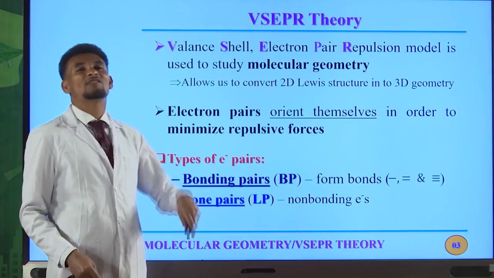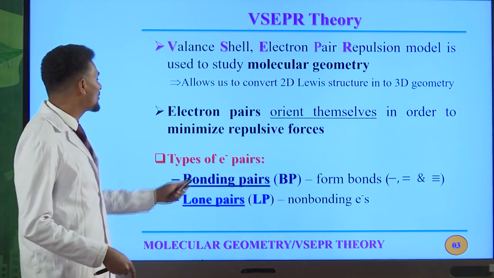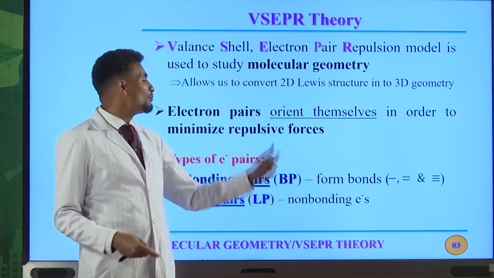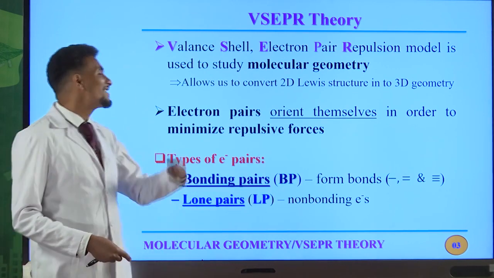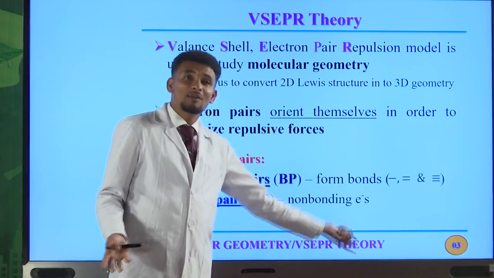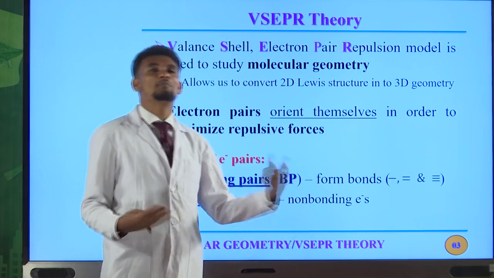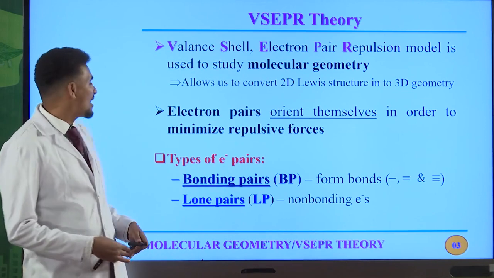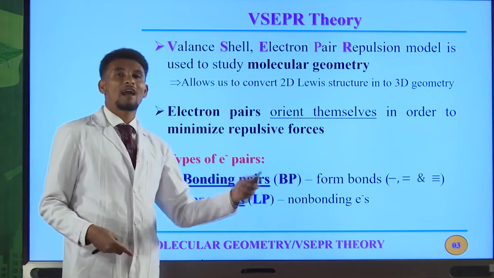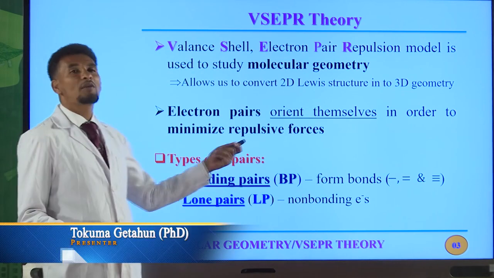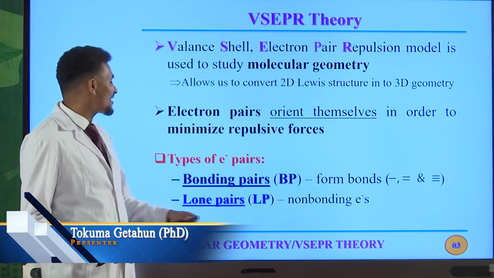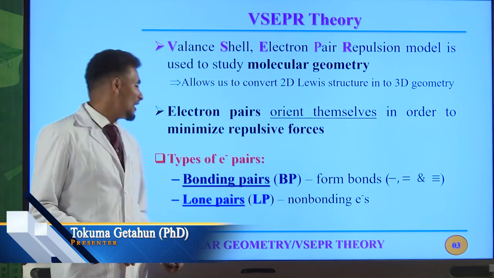They do not participate in bond formation, but bonding pairs of electrons do, and at the end you get a single, double, or triple bond.